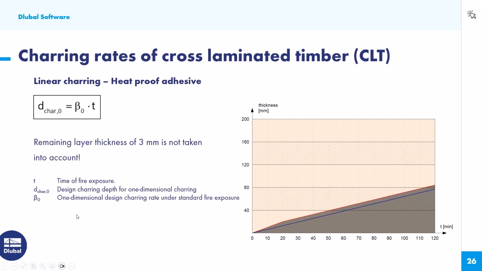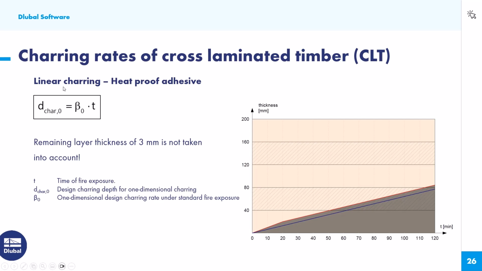So this is actually the current state of the technique, and it will also be part of the new Eurocode, and it is also already in some approvals from producers. So for example, Stora Enso, they use this approach, and also a few others.